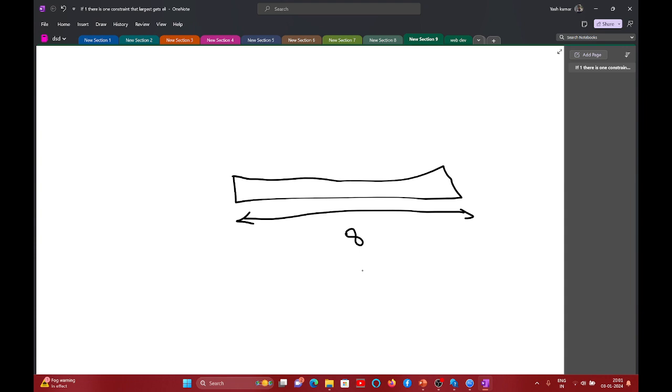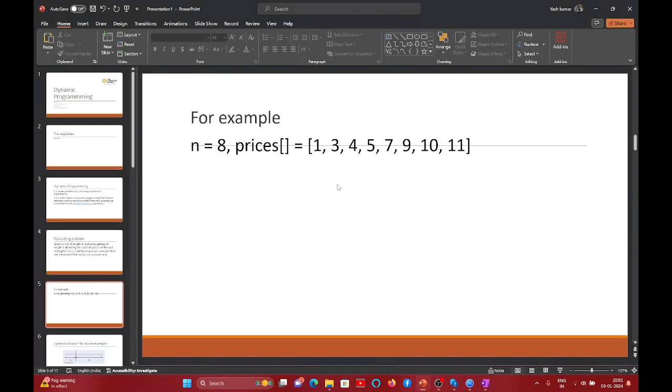So we are given costs for rods of different lengths. Like here, if we have a piece of size 1, then we will get 1 rupee. If we have a piece of size 2, then we will get 3 rupees.